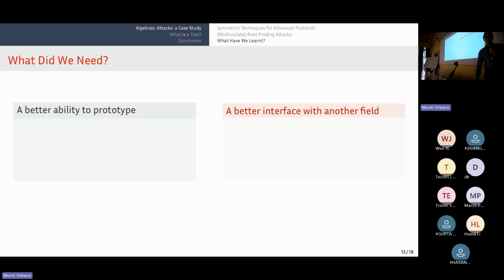We would have needed both a better ability to prototype our design attacks, and also a better interface with another field. Field here is not like FP, it's a field of research. It's the world of polynomial solving, multivariate root finding.